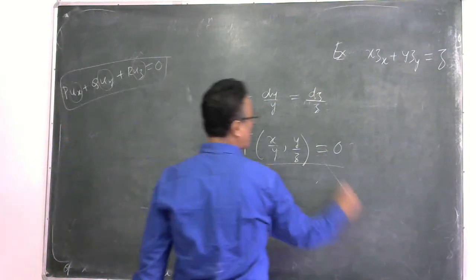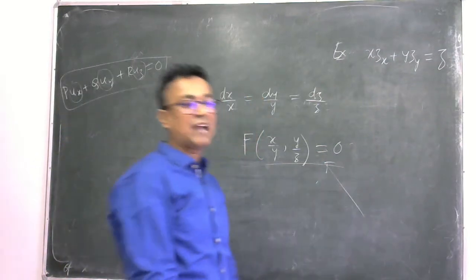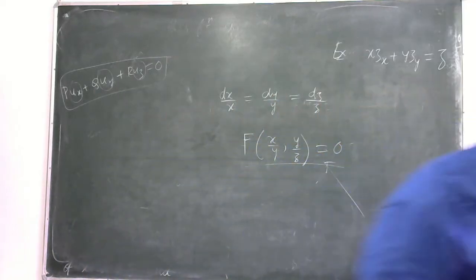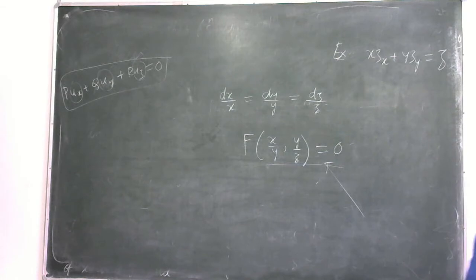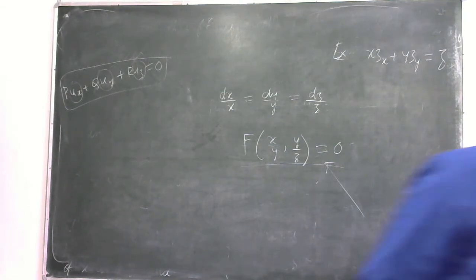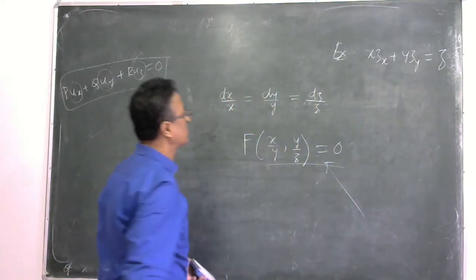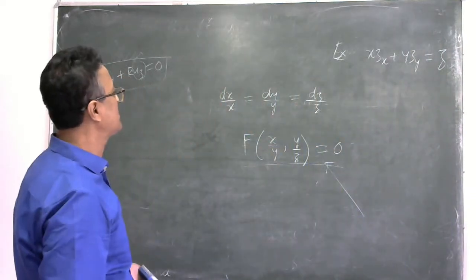Is it okay? This problem is already worked out in your book. I'm not going to do it further. You can have a look. Let me do one which has been given as an exercise. I simply want z as a function of x and y.